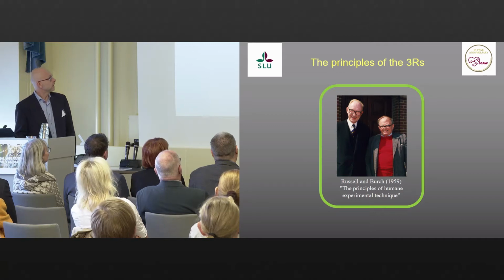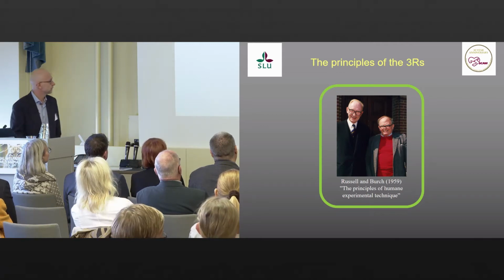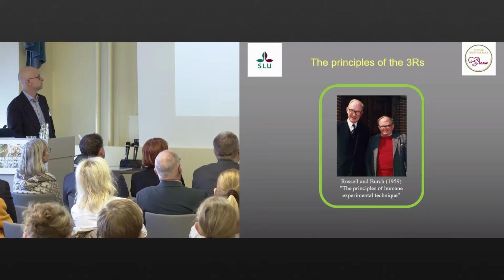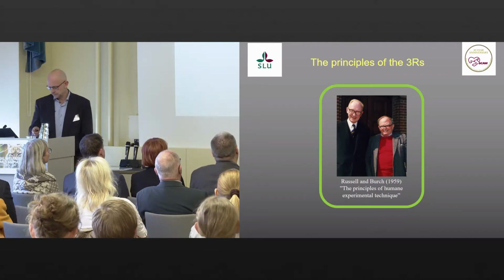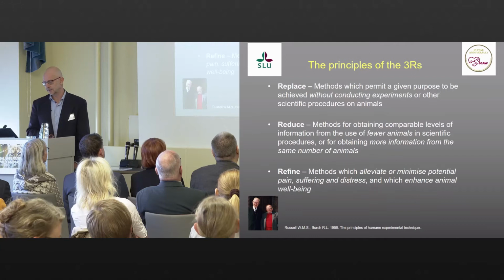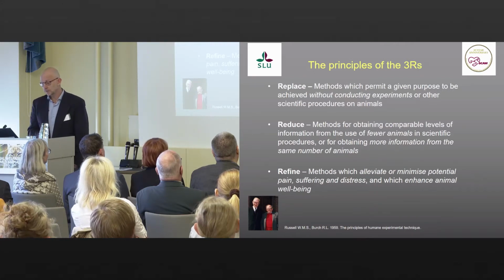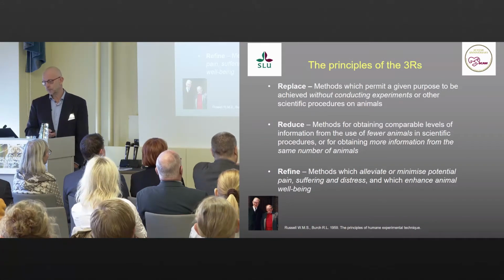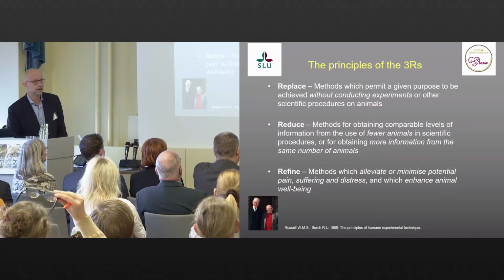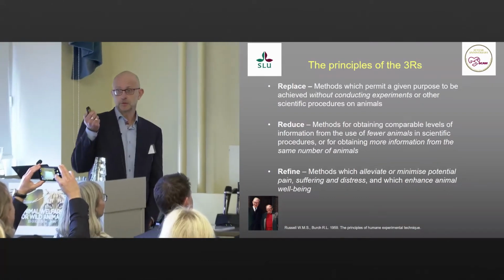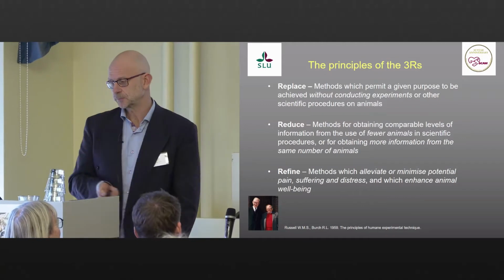So these two pioneers, Russell and Birch, wrote the principles of humane experimental technique, where they defined the 3 R's for the first time. And those are, as most of you probably already know, replace, reduce, and refine. When you replace something, you use an alternative to animals when you do your research.